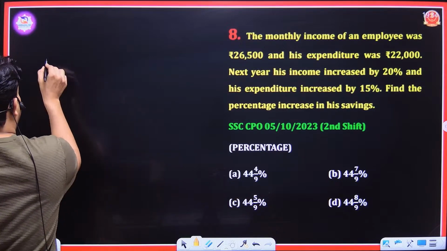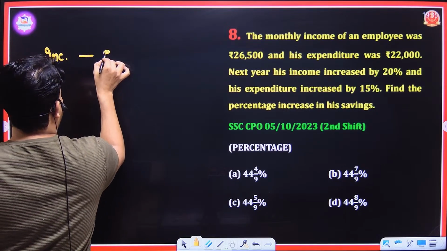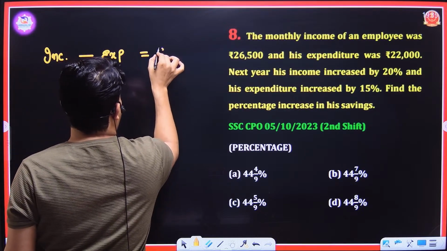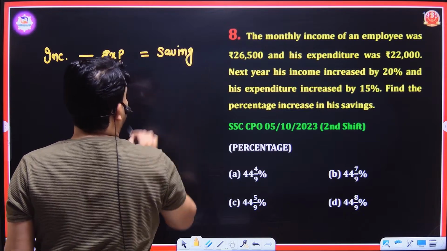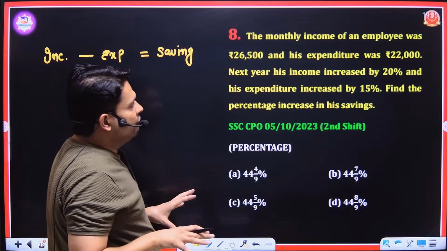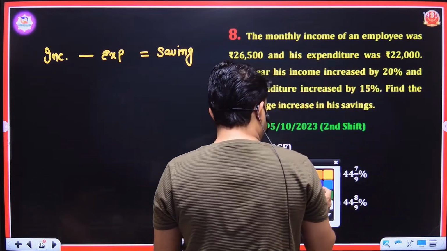See, as you know that income minus expenditure is always equal to saving, and we have to tell the percentage increment in saving. So we will calculate this income and this expenditure as a ratio.